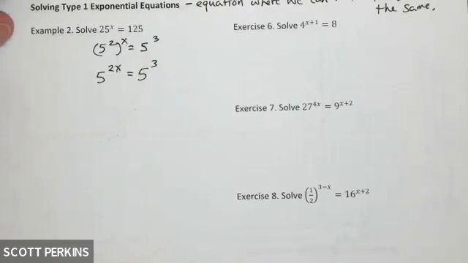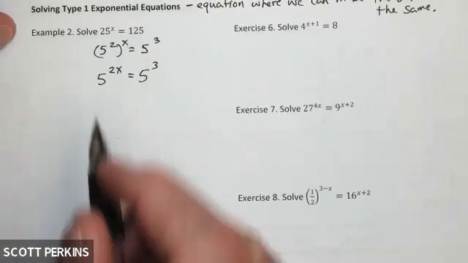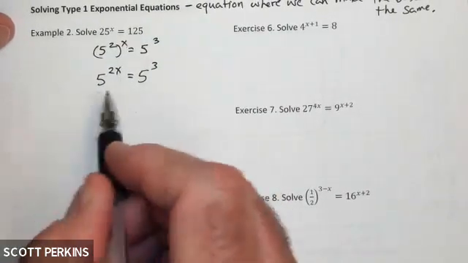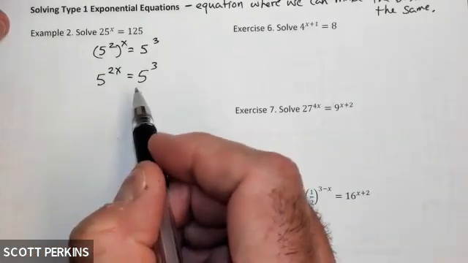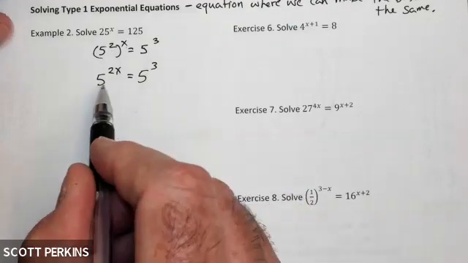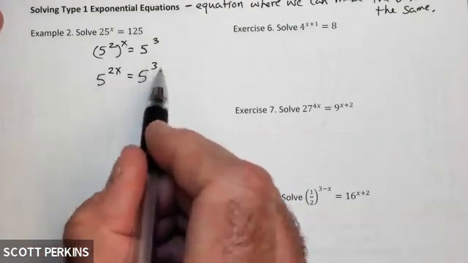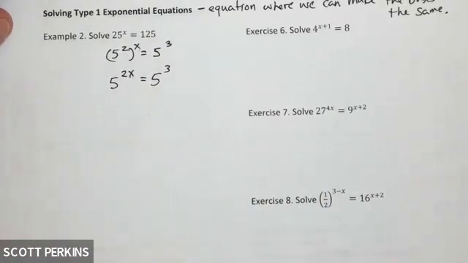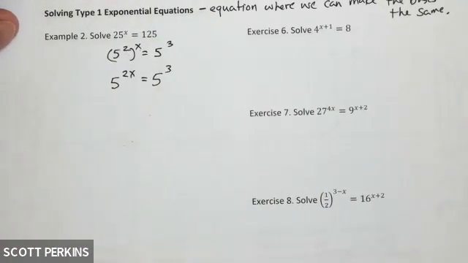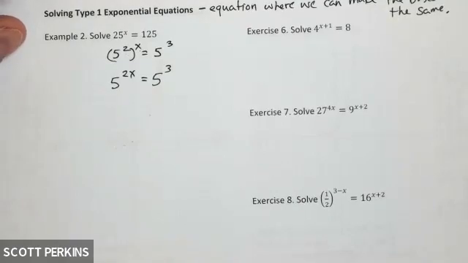And now here's what we can do. I told you earlier, and we verified it visually, that the exponential function is a one-to-one function. So that means that these y values are the same if the inputs are the same. So I'm just going to write the rationale here. You don't have to write the rationale for me, but when you go home and you've had some time to forget about it, I want you to remember why we can do what we do.